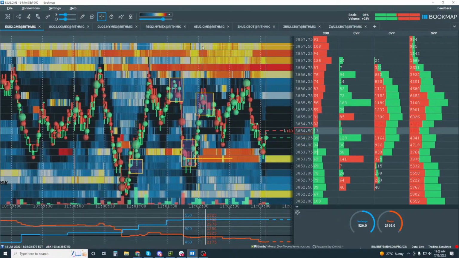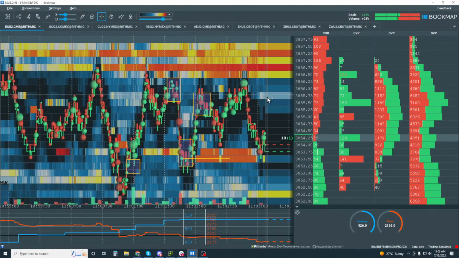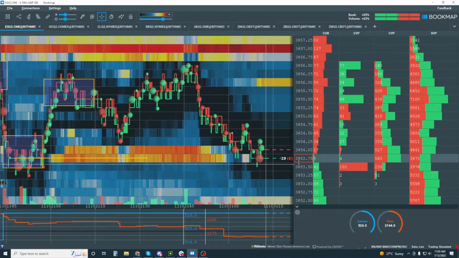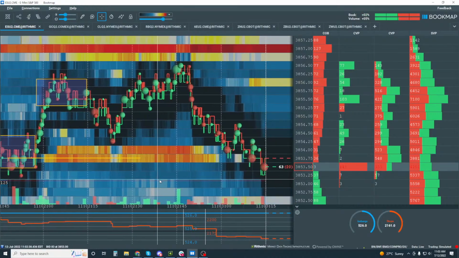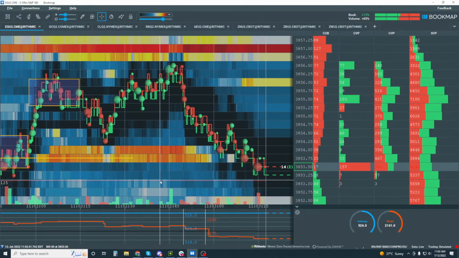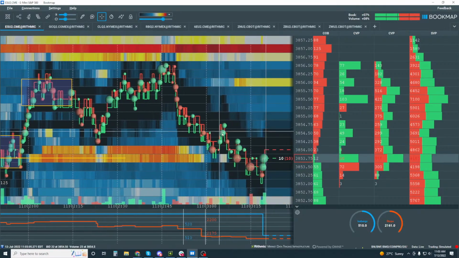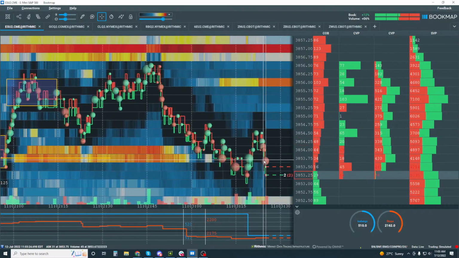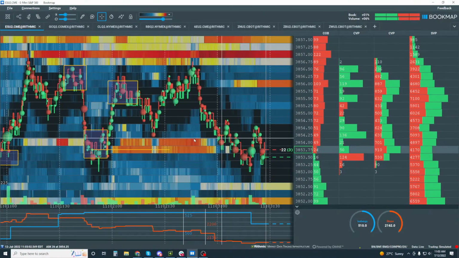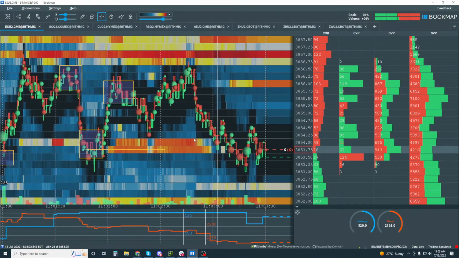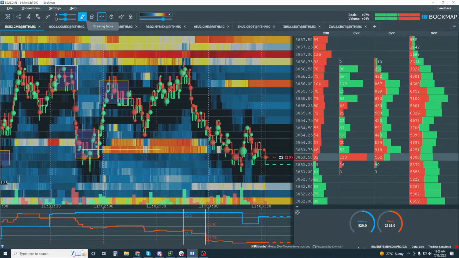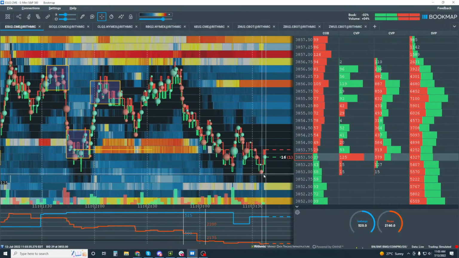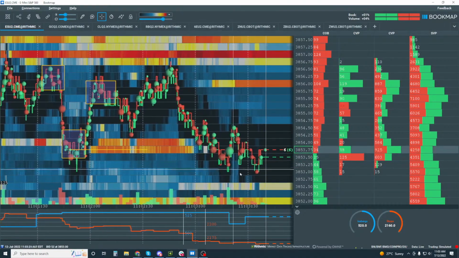So there's our move. It turns into another consolidation area in here.